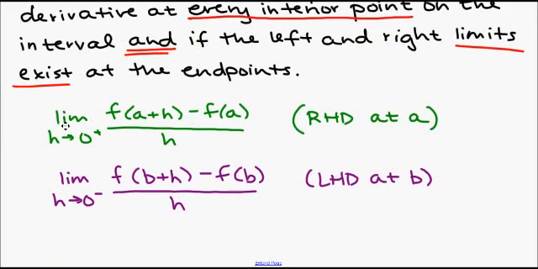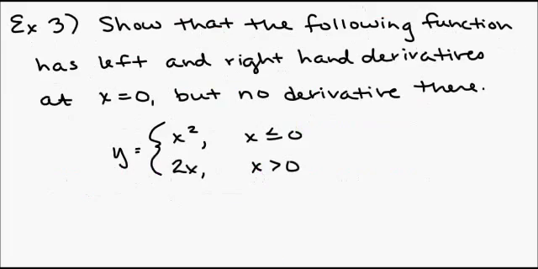And you can see for our right-hand derivative at point a, you have the limit as h approaches 0 from the right of f of a plus h minus f of a all over h. For the left-hand derivative at point b, you have the limit as h approaches 0 from the left of f of b plus h minus f of b over h. So it's the same thing, but you have an a and a b, and one's from the right, one's from the left, so plus minus.